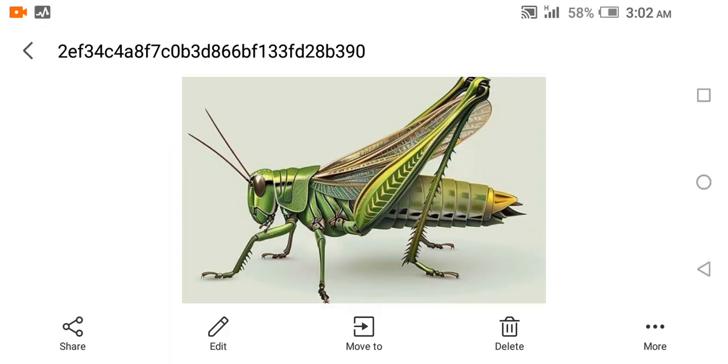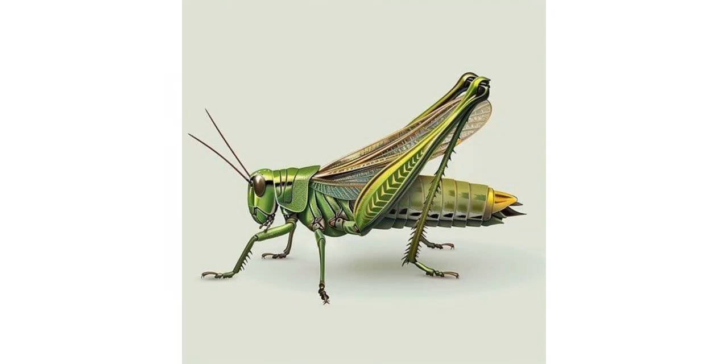The economic importance is that it destroys crops, it serves as food, it is used in nutrient cycling, it is used in pest control, detection of explosives. This specimen belongs to the kingdom Animalia, phylum Arthropoda, class Insecta.